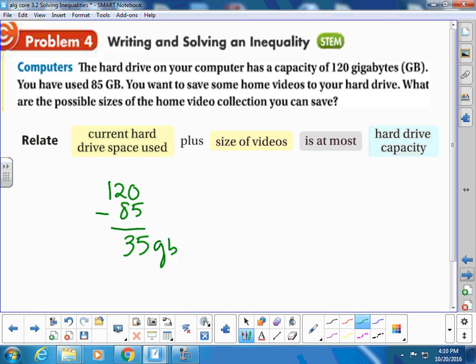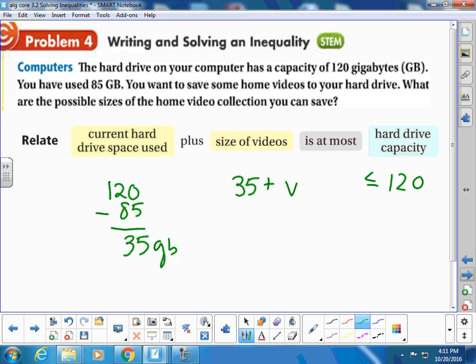So 35 gigabytes plus however long our videos are is at most the capacity of the hard drive. Well, the capacity of the hard drive was 120. So if it says it's at most 120, it could be 120. But it also can't be any bigger than 120.